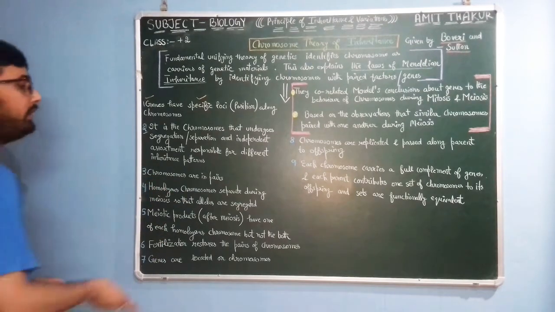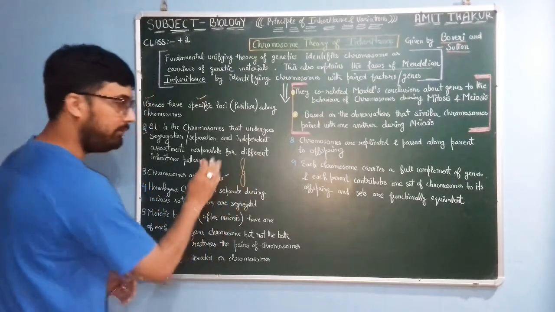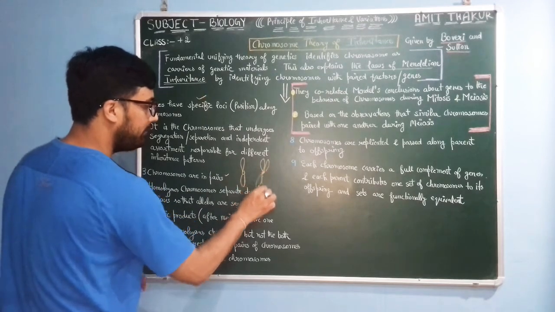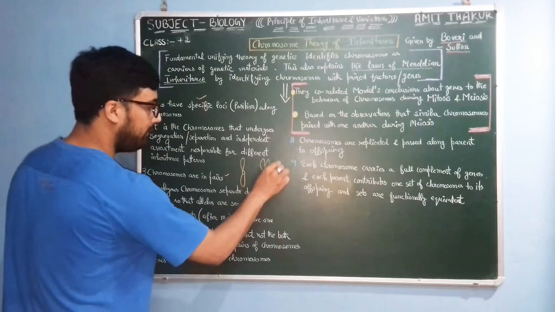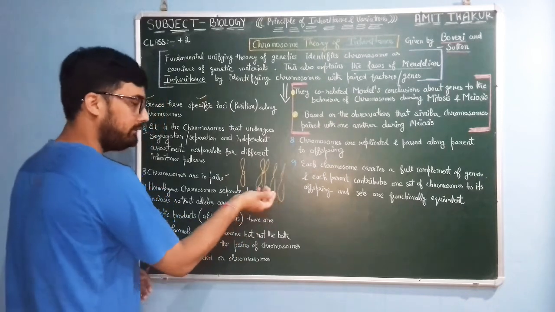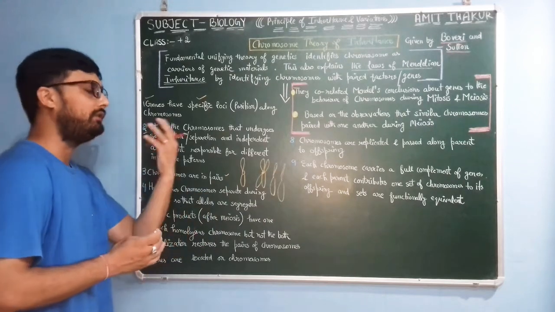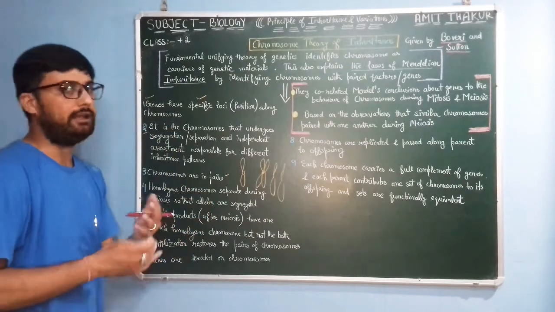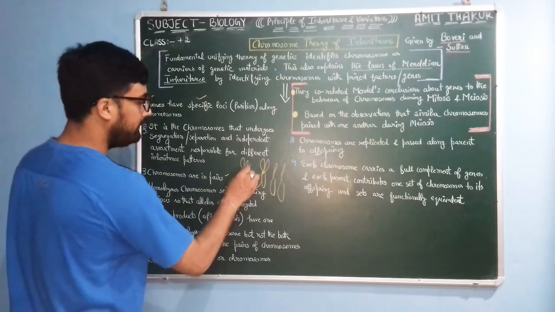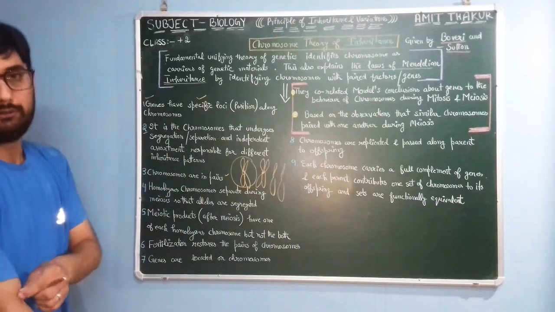The chromosomes are in pairs. This is a single chromosome, with short arms. When this chromosome and another chromosome come together, because they are similar in shape, size, structure, and almost the arrangement of genes, then this set of chromosomes is known as homologous chromosomes.